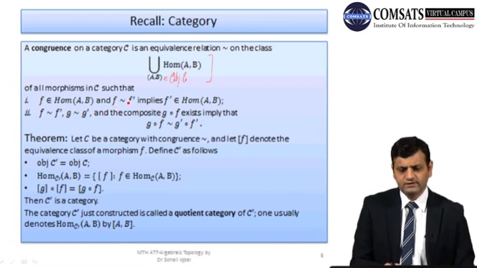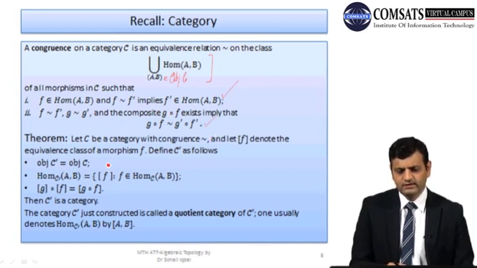If f is equivalent to f prime, then f and f prime belong to the same set of morphisms, and if f is equivalent to f prime and g is equivalent to g prime, then their composition respects this equivalence relation.